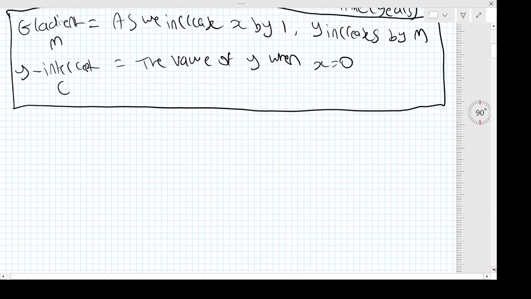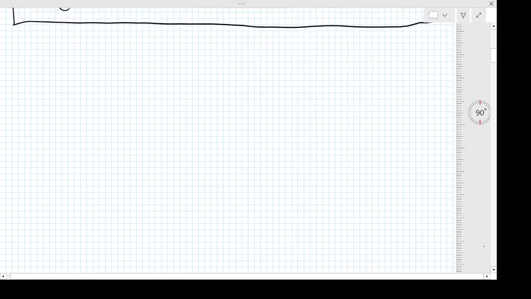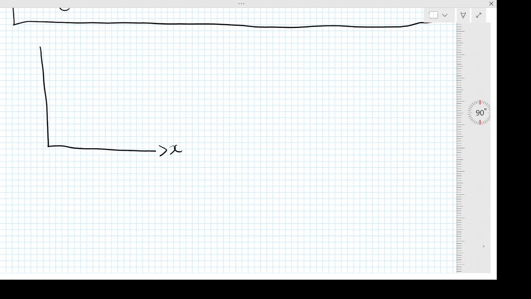Okay, lastly then, before I jump into questions, there's a particular type of straight line that you need to be familiar with. Again, we have this axis here of x and y, and in particular, it's when the line goes through the origin. What we call this is a direct proportion.